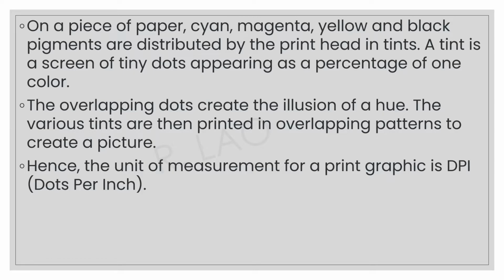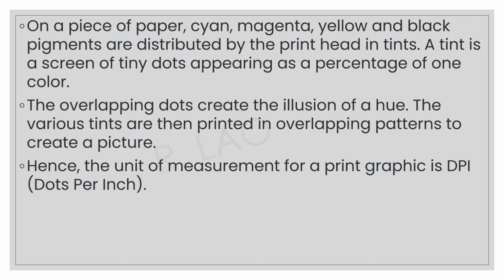Hence, in tints, we will discuss what is tint. So, okay? A tint is a screen of tiny dots appearing as a percentage of the color. Okay? The overlapping dots creates an illusion of a hue or color. The various tints are then printed in overlapping patterns to create the picture.